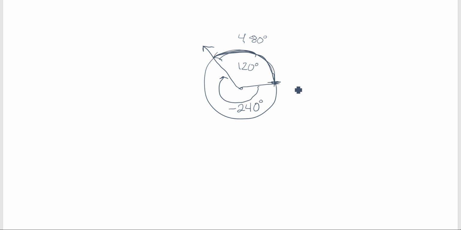And there's nothing that says that I didn't start here and instead go all the way around backwards, which would be negative 360, and then go another negative 240, which would make my angle negative 600 degrees. And all those measures would look like the same angle. They're called coterminal angles because they have the same terminal side.